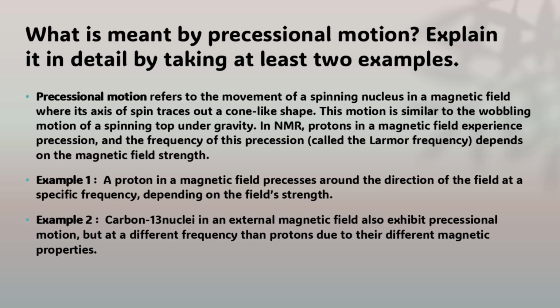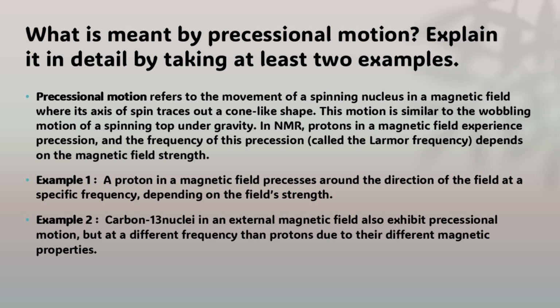The next question is question number 16. What is meant by precessional motion? Explain it in detail by taking at least 2 examples. The answer to this question is, precessional motion refers to the movement of a spinning nucleus in a magnetic field, where its axis of spin traces out a cone-like shape.